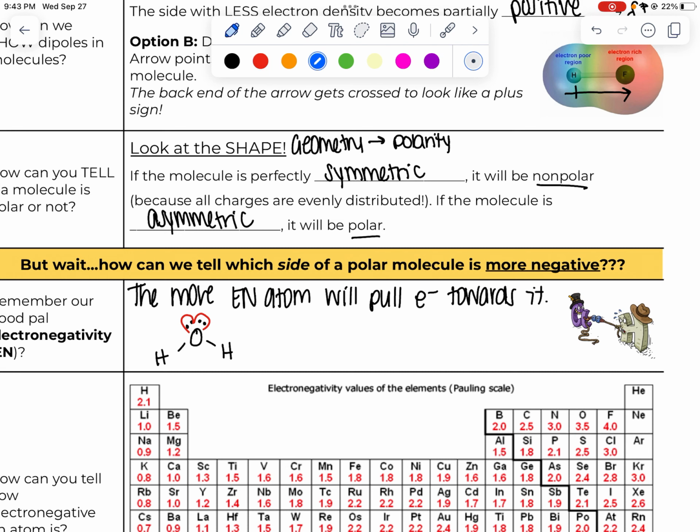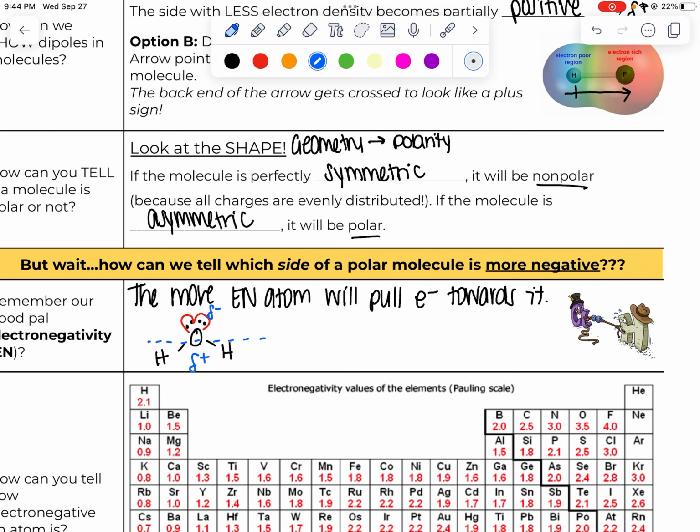So the way that it looks in 3D space is basically there's two halves to this molecule, and you cut it in half like this. The top half of your molecule, where those lone pairs lie, is going to have a super negative charge. You don't even have to think about which atom's more electronegative here, because there's free lone pairs on top of that molecule. So that's going to make the top half of this molecule have that partial negative charge, leaving the bottom half to be partially positive.